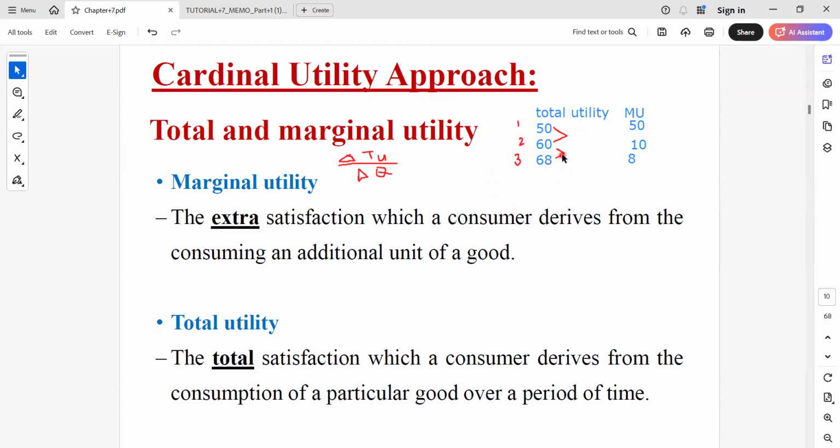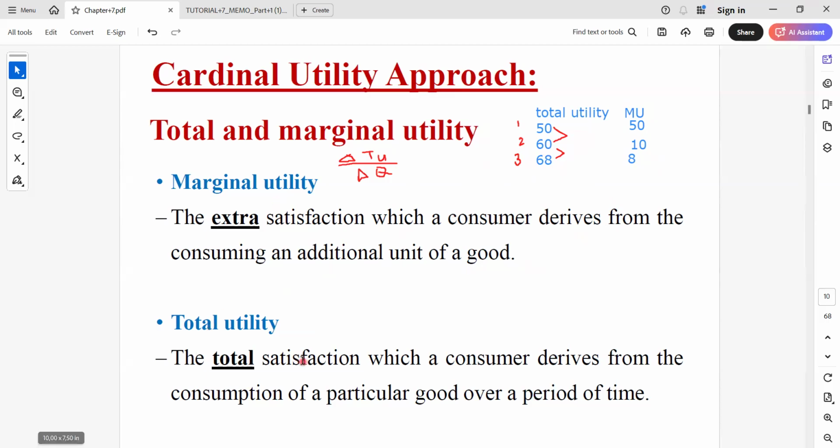From 60 to 68 it is 8, because 68 minus 60 is 8, which is your marginal utility, the extra satisfaction which a consumer gets from consuming an additional unit of a good. So that is your marginal utility there.